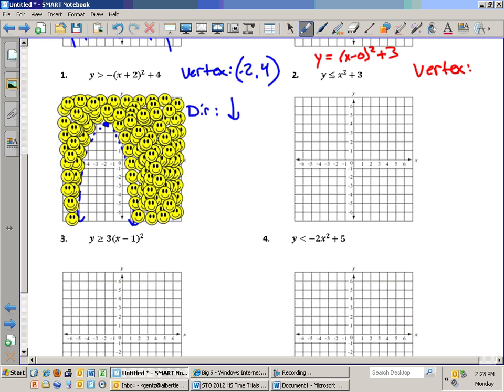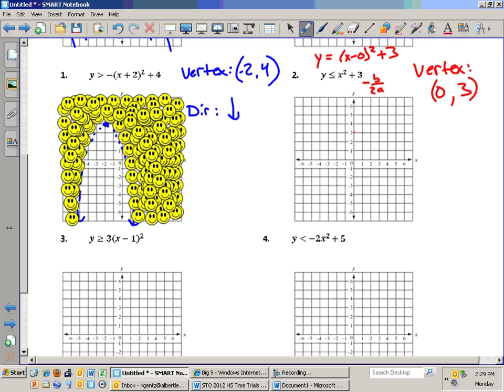There's a 0 in there, nothing being squared, so you can tell right now your vertex could be 0, 3. But we'll do it the way that you guys know how. We do negative b divided by 2a. What is the b value? 0. And 0 divided by 2 times 1 is 0. So 0 is the x value. How do you figure out the y value? Plug it in. 0 squared plus 3 is 3. So you can see that it works out either way.